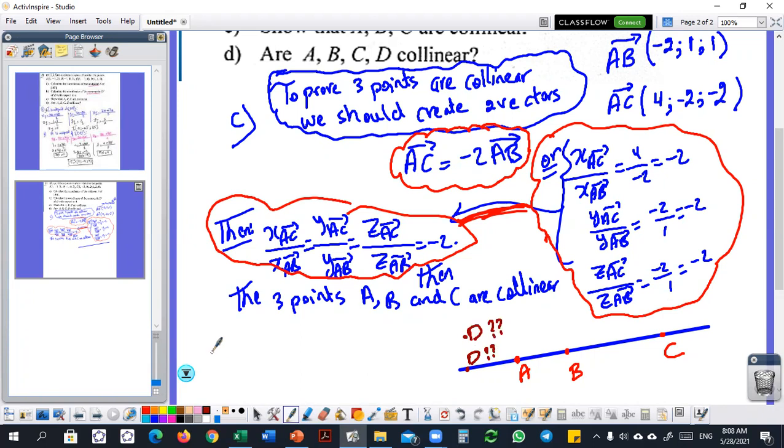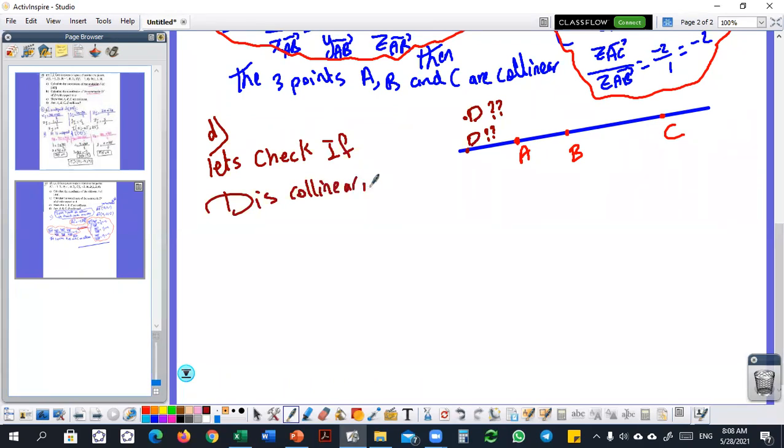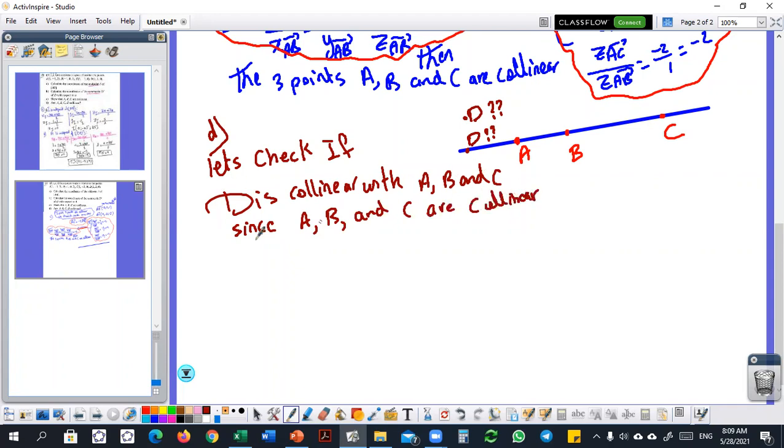Okay? We say in part D, let's check if D is collinear with A, B and C. Since the points A, B and C are collinear, I converted them from 4 points to 3 points.